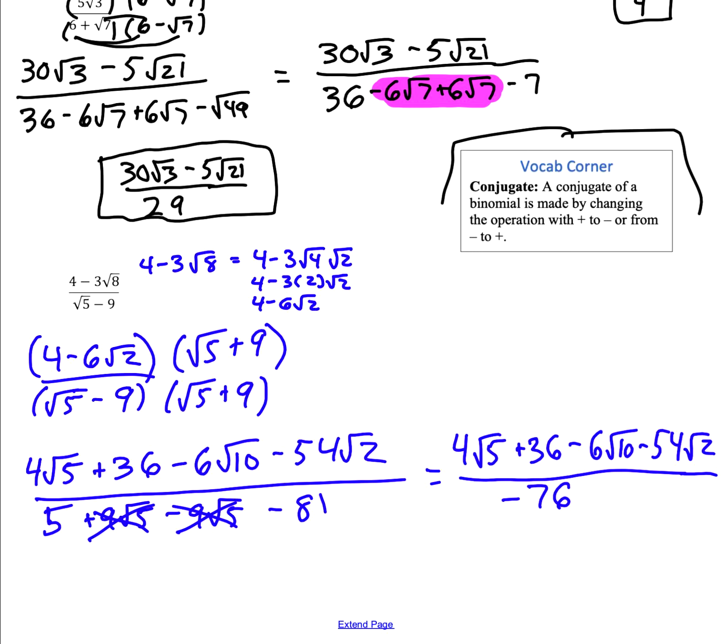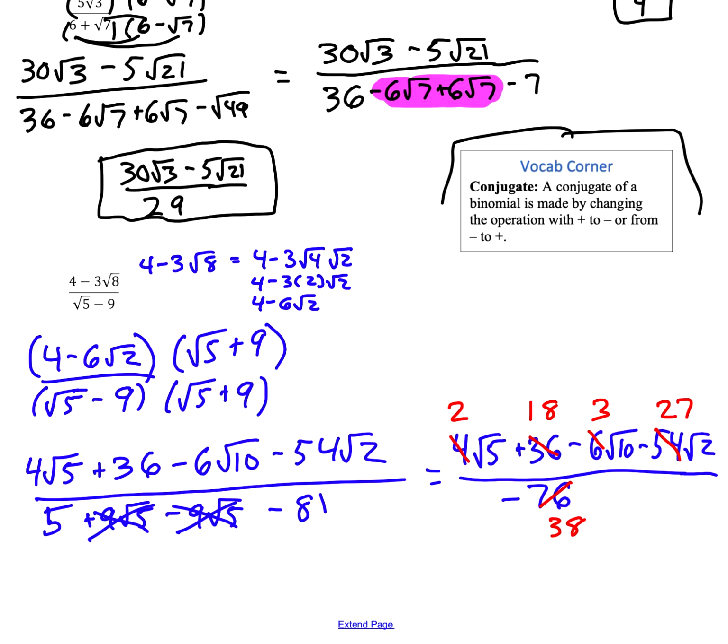So we have a common factor in every term in the numerator and the denominator right now. You can factor out a 2 from everything. Divide 76 by 2 and you get negative 38. 4 divided by 2 is 2. 36 divided by 2 would be 18. 6 divided by 2 is 3, and 54 divided by 2 is 27.